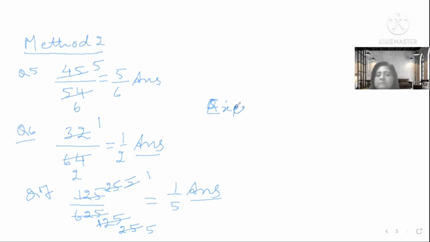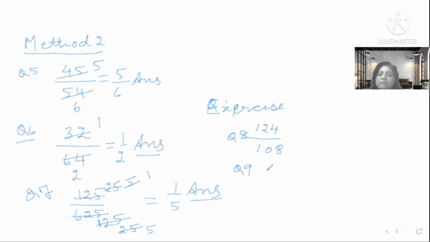So guys, here is an exercise for you. You can solve it and write in the comment box. 124 upon 108. Reduce it to the simplest form and write in the comment box.